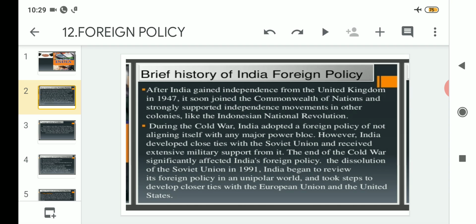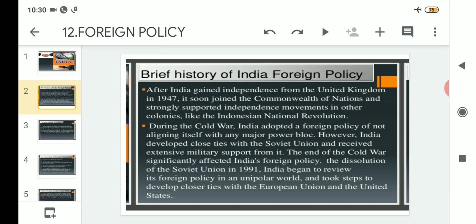After 1947, many countries were still under colonial rule. India knew the struggle of the freedom movement, so after getting independence itself, it helped other countries so that they could be free from colonial rule. One example is that it supported the Indonesian National Revolution during that time.